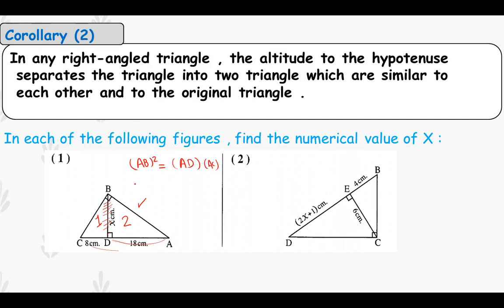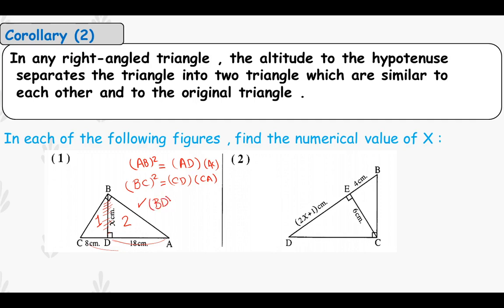And if you want to find the other side of the right angle triangle, which is BC, BC squared is equal to CD multiplied by CA. And to find BD, you have two ways.